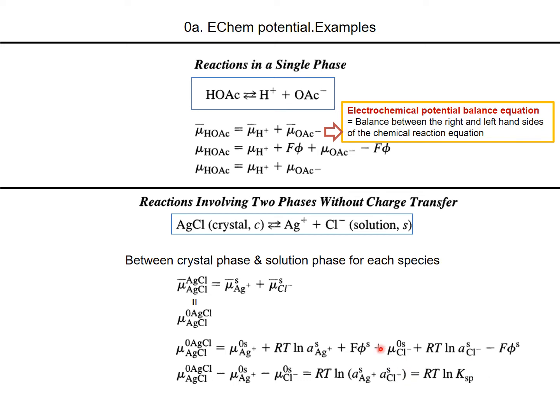This product of the activities of the ions is called Ksp, the solubility product, which is a kind of equilibrium constant. So that is the final equation for the precipitation reaction.